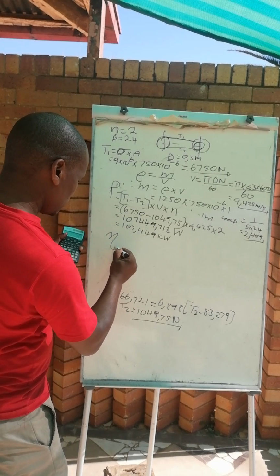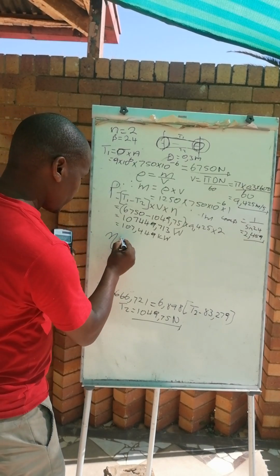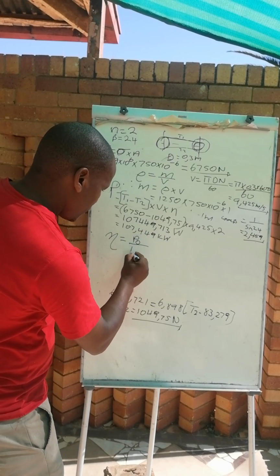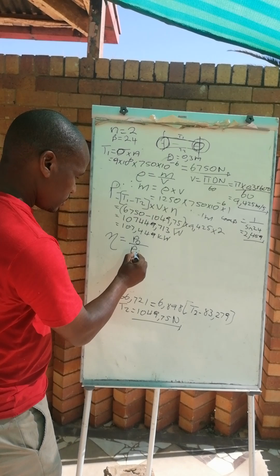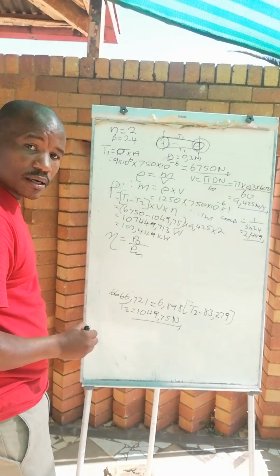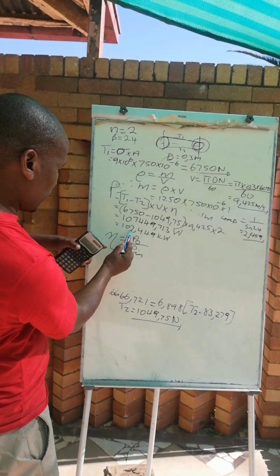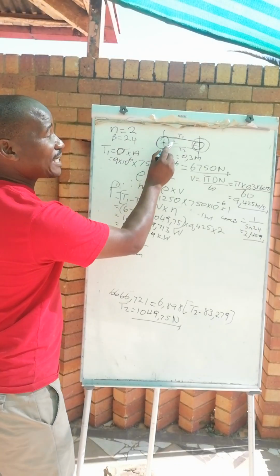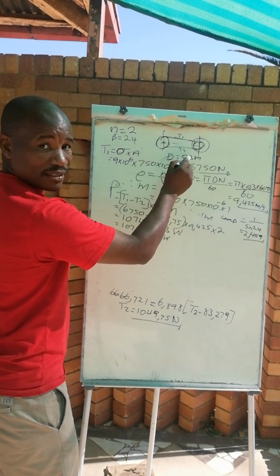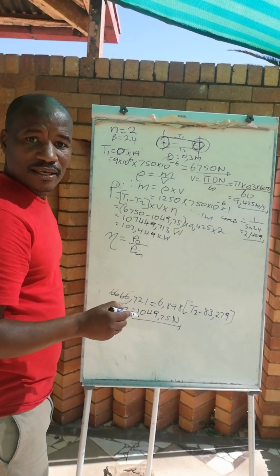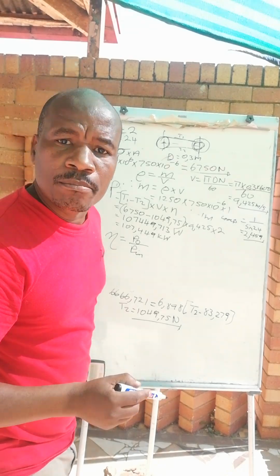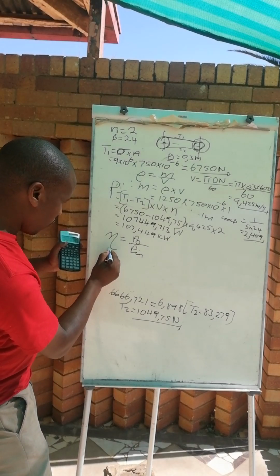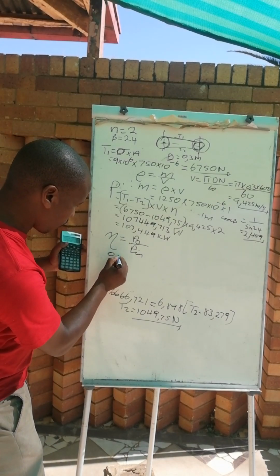The efficiency, which is 94%, is equal to the output power over the input power. This 107 moves from the driver and is put in at the driven. So it is the input to that pulley. If I divide 94 by 100, it's going to be 0.94.